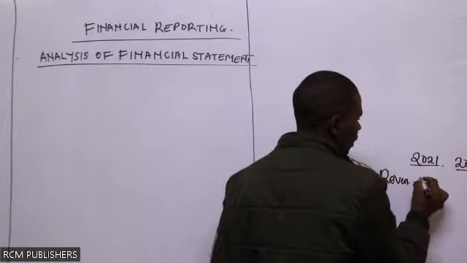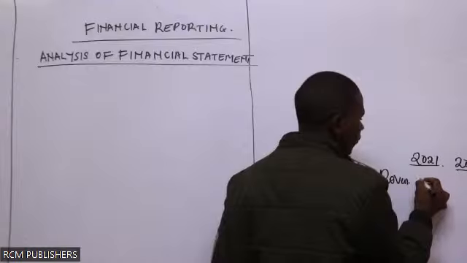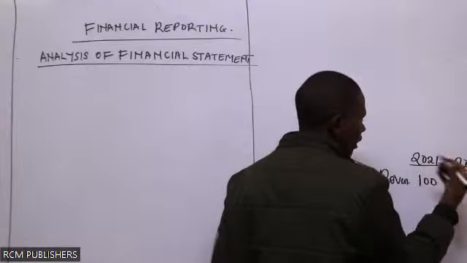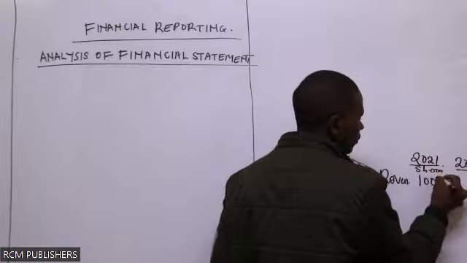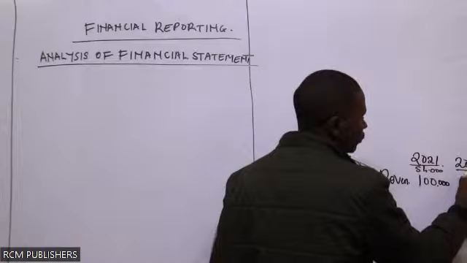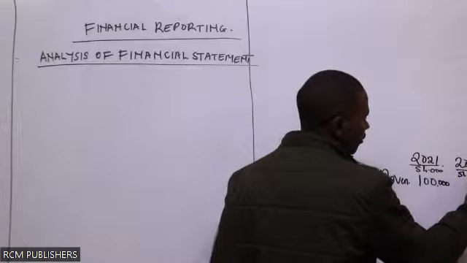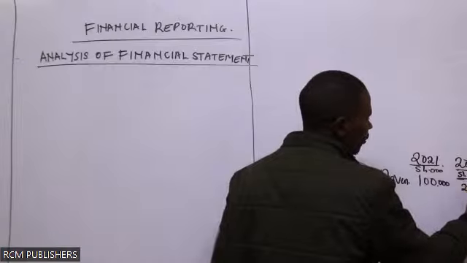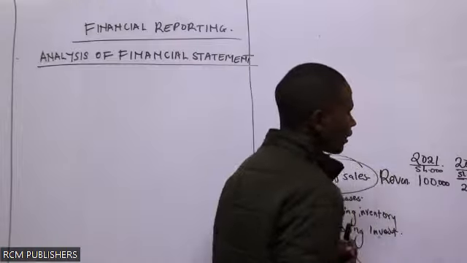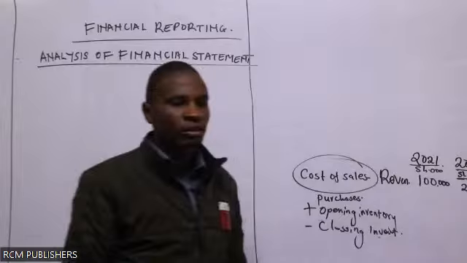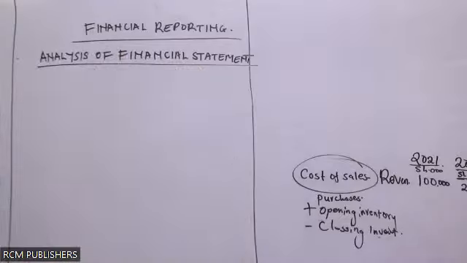Revenue 2021, I had a revenue of maybe 100,000, figures being in 1,000. And then in the year 2022, I had a revenue of maybe 200,000. Which year did our company perform well? Okay.